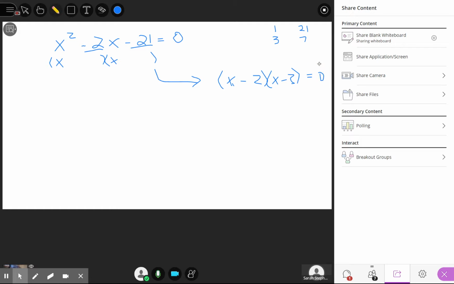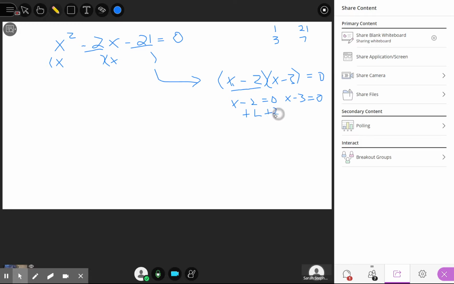Well, then it's real easy to solve because anything times anything is 0. If you get either one of these factors to be 0, then you're done. So we'll just set the x minus 2 equal to 0 and set the x minus 3 equal to 0 and solve each of those.